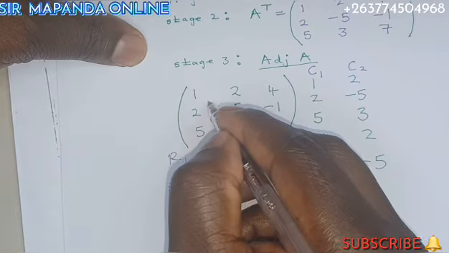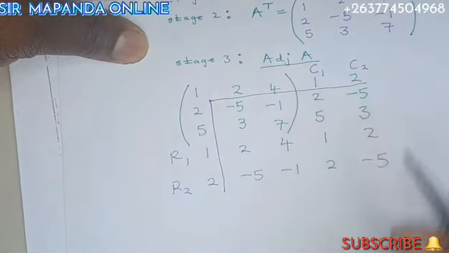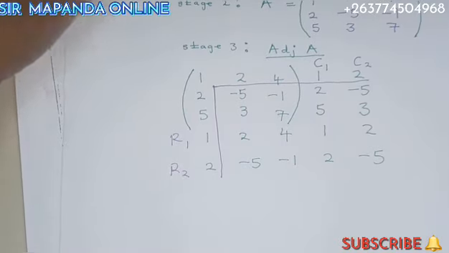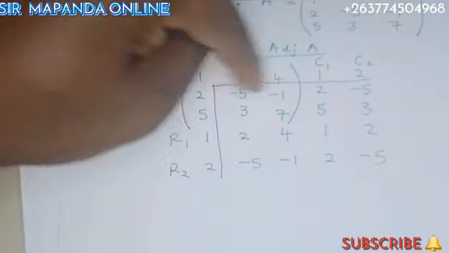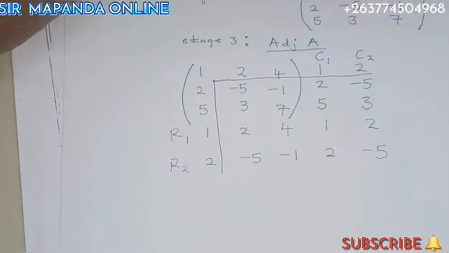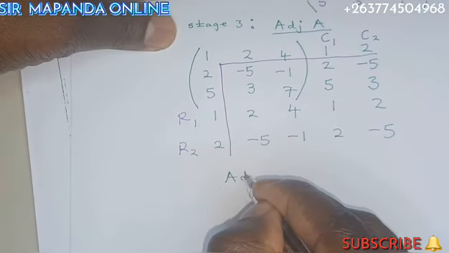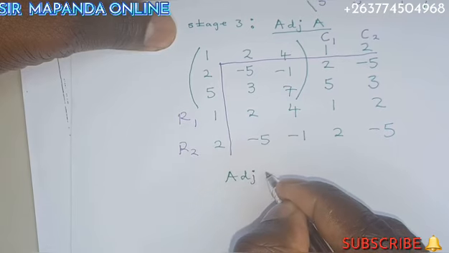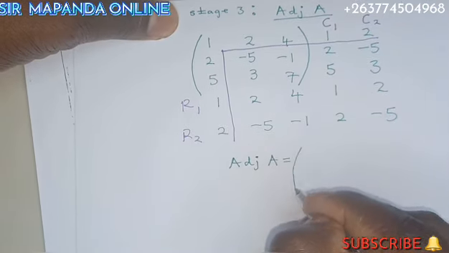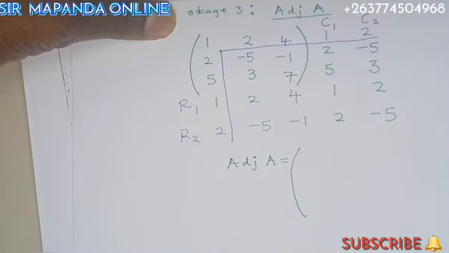Then after that, we are going to exclude the top row and the first column. So we are going to consider numbers under this line. The adjoint is now calculated using the determinant of the 2 by 2 matrices that are going to be extracted under this box. I hope you are following.